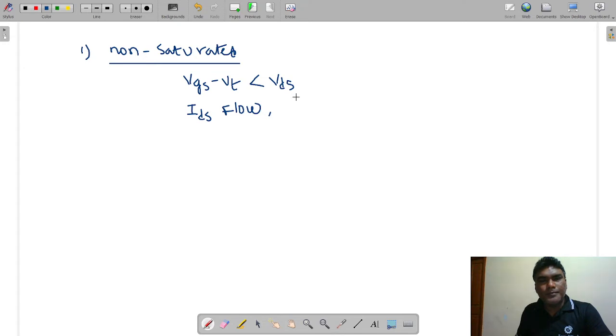And gate voltage VG is equal to VGS minus VT, where VT is the threshold voltage, and it is the average of drain to source voltage.